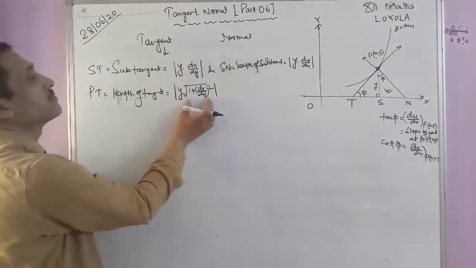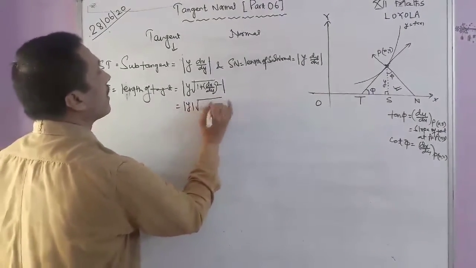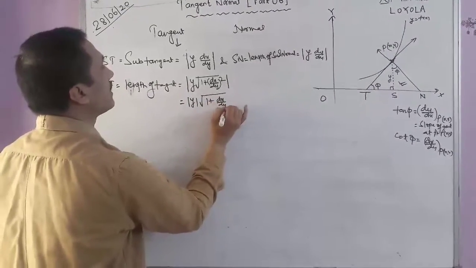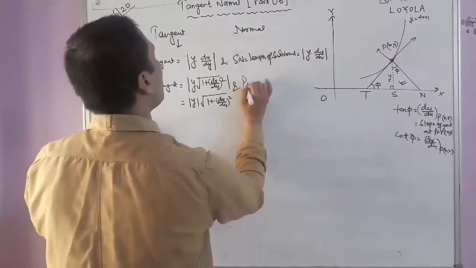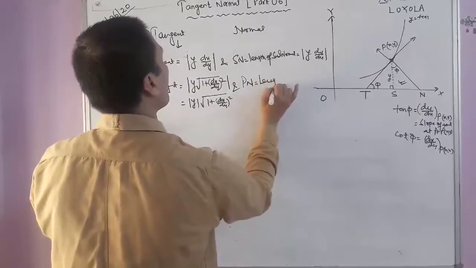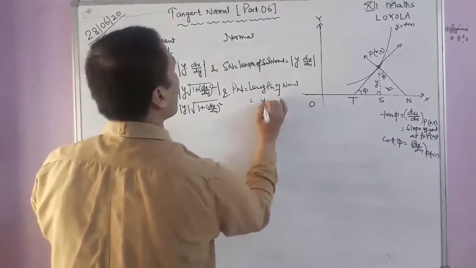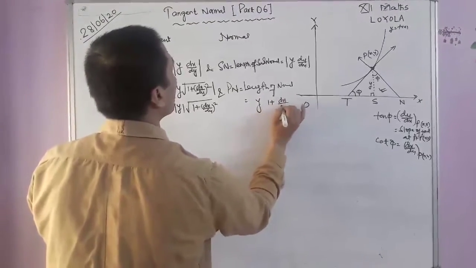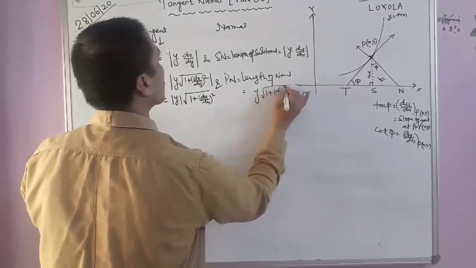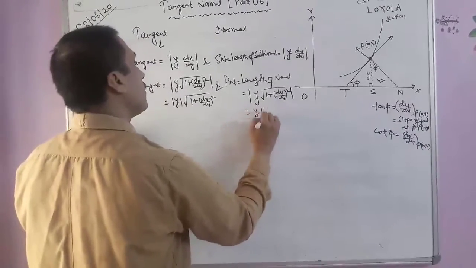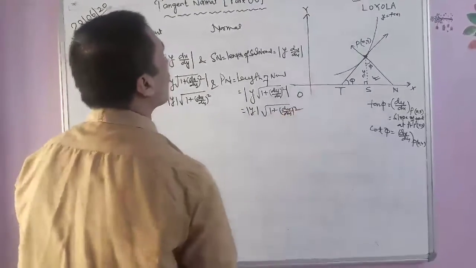Since this expression is positive, we write modulus of y under root 1 plus dx by dy whole square equivalently. And PN, the length of normal, equals y under root 1 plus dy by dx whole square, equivalently mod y under root 1 plus dy by dx whole square.